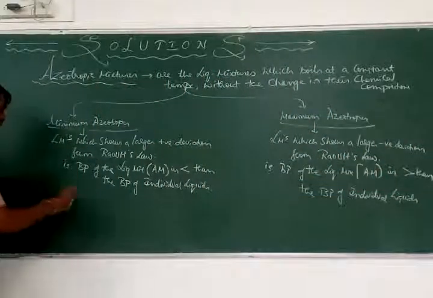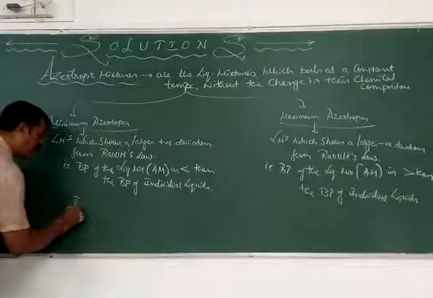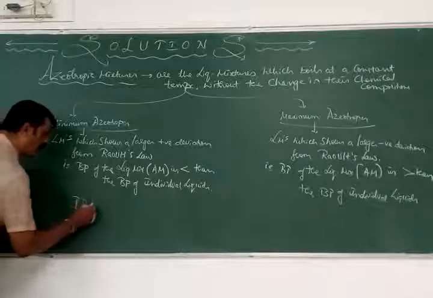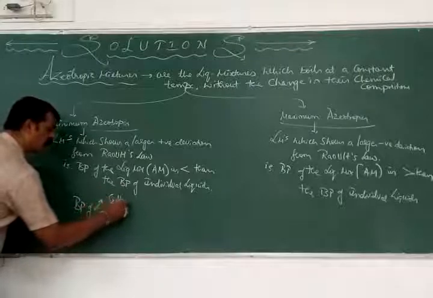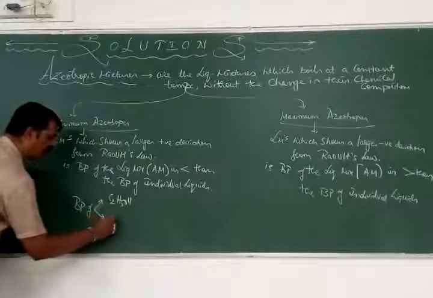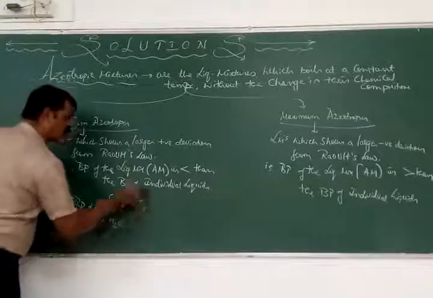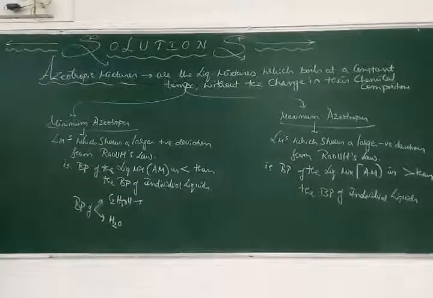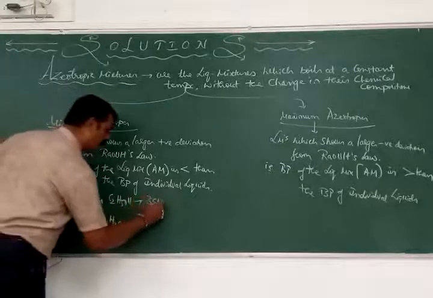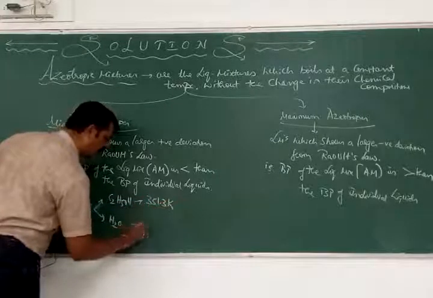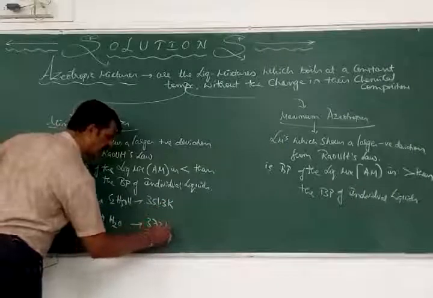So for example, the BP of ethanol, C2H5OH, and the BP of H2O. Ethanol is 78 point something in Celsius, which is 351.3 Kelvin, and water is 100 degrees Celsius, which is 373 Kelvin.